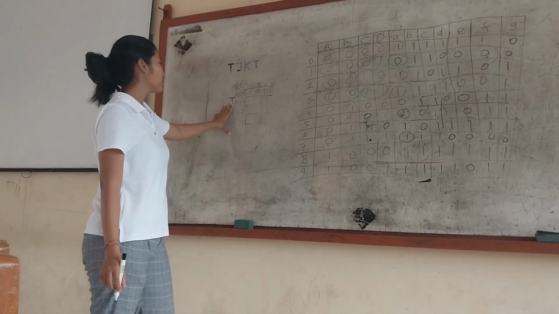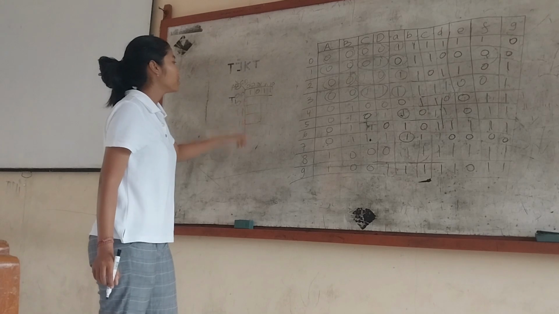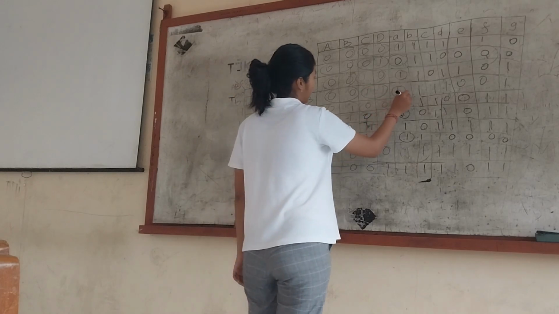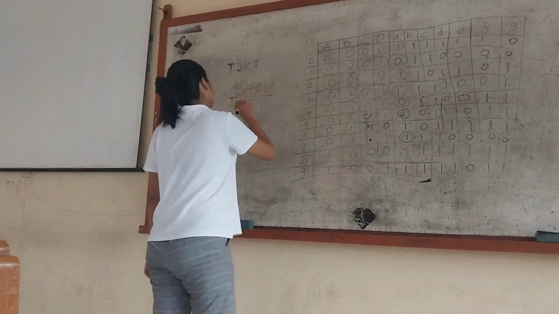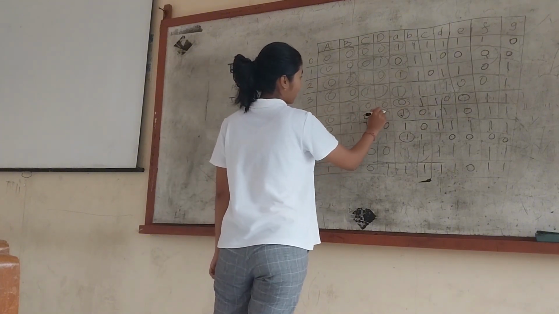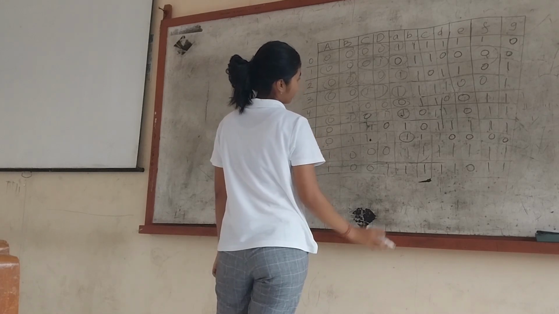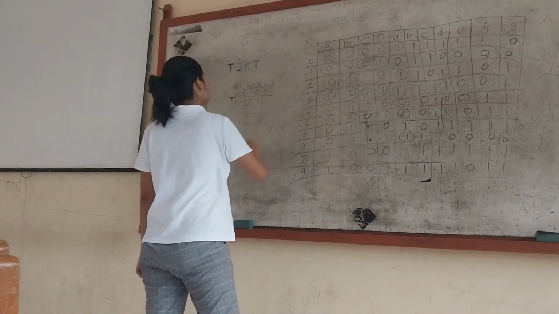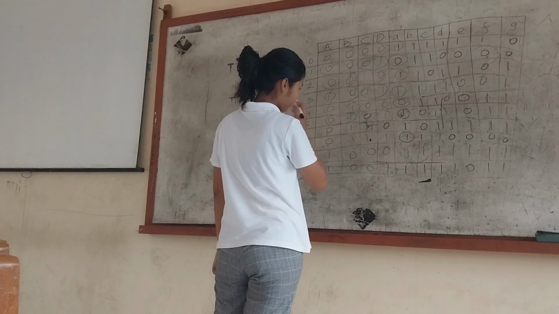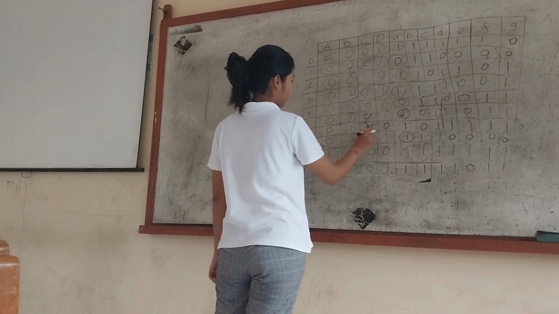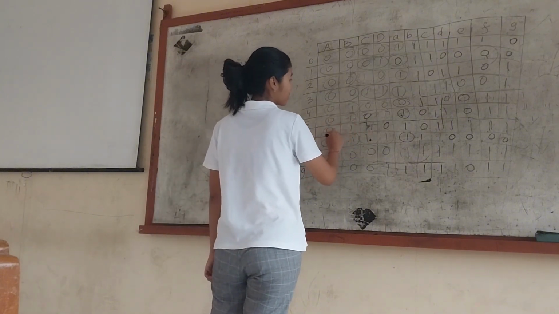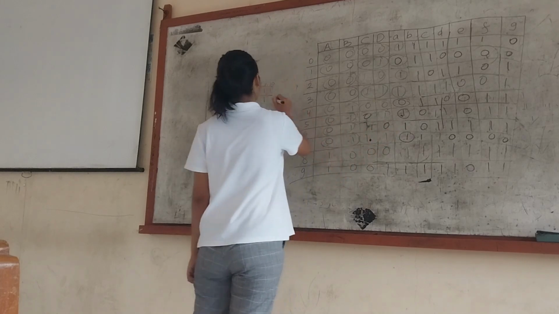Next, the other rows. 0 1 0 0 has value of A is 0. 0 1 0 1 has value 1. 0 1 1 1 has value 1. 0 1 1 0 has value 1.